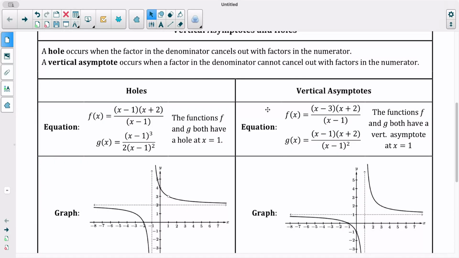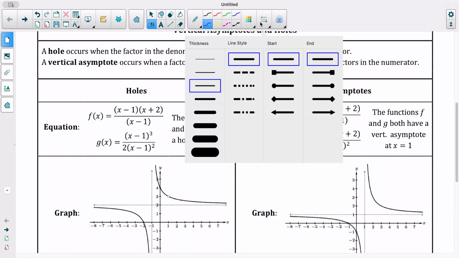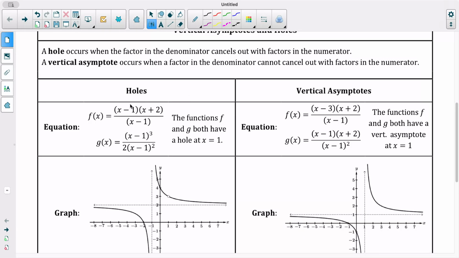the ones on the left both have a hole at -1 because the factors will cancel. Okay, this is pretty straightforward. It just cancels out, and you'd be left with literally x plus 2 over 1, which would actually look like a linear function with a hole in the middle, or a hole at 1.